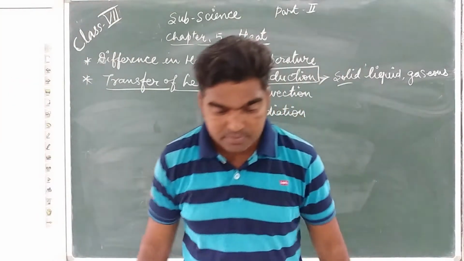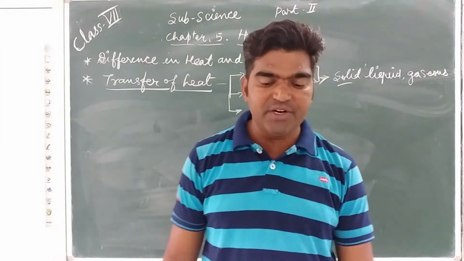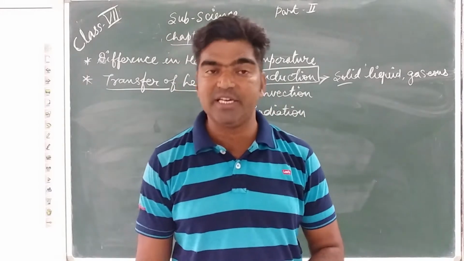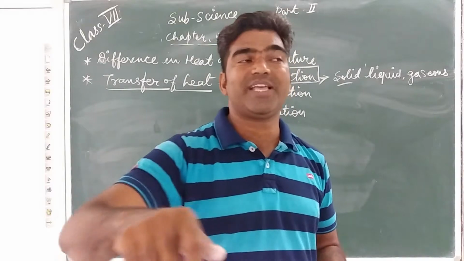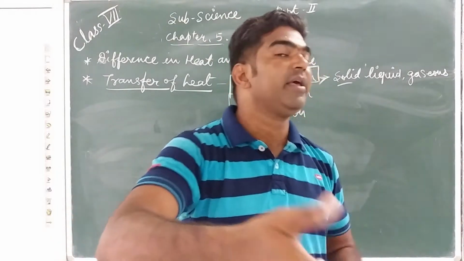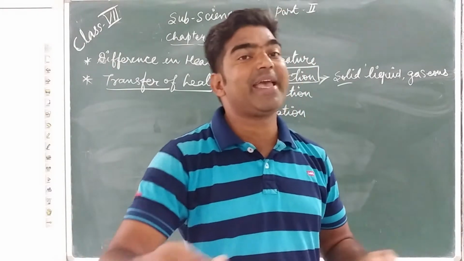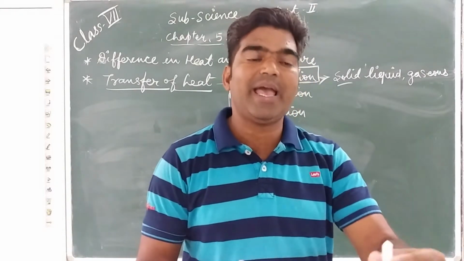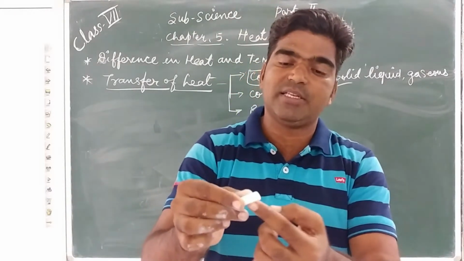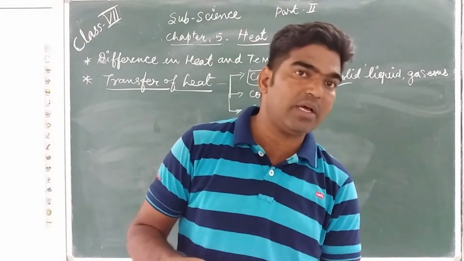ठीक है, okay. Similarly, if one end of a metal rod is heated, इसी तरह से आप एक रॉड को पकड़ के किसी बर्नर पे गर्म कर दें, या चम्मच को चूल्हे पे या गैस पे रखते हैं, धीरे धीरे अपना हाथ भी जलने लग जाता है. क्यों? क्योंकि एक एंड जब गर्म होने लगता है तो वहां से धीरे धीरे हीट दूसरे एंड की तरफ पास होने लगती है.